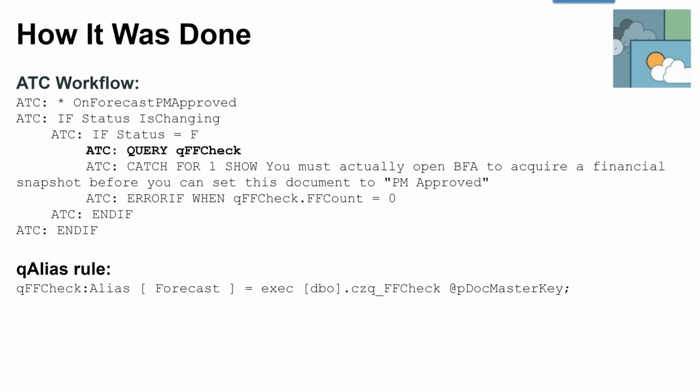And if not, you can see it builds the message and displays the message if the count of data for the snapshot is 0. So that's very simple, and workflow is great. It tends to happen on saves or thereabouts, but it's much easier to deploy than SQL backend changes because it is through the user interface of the web application.